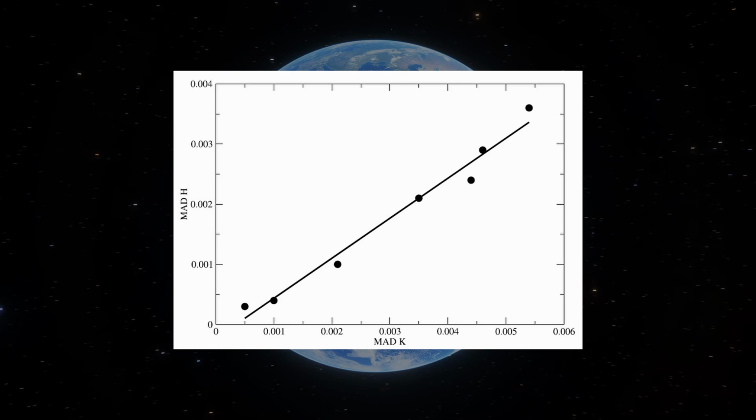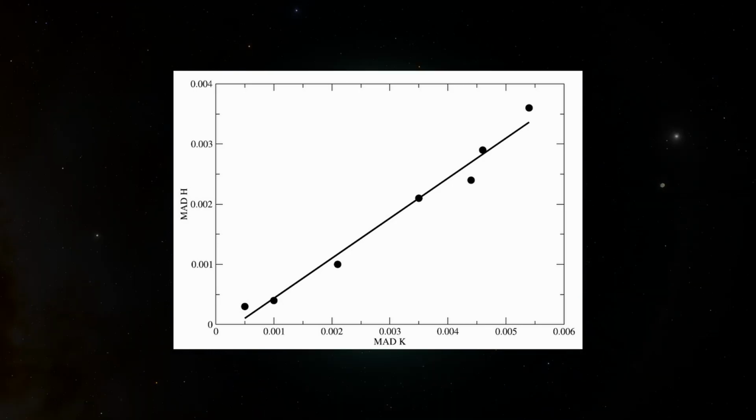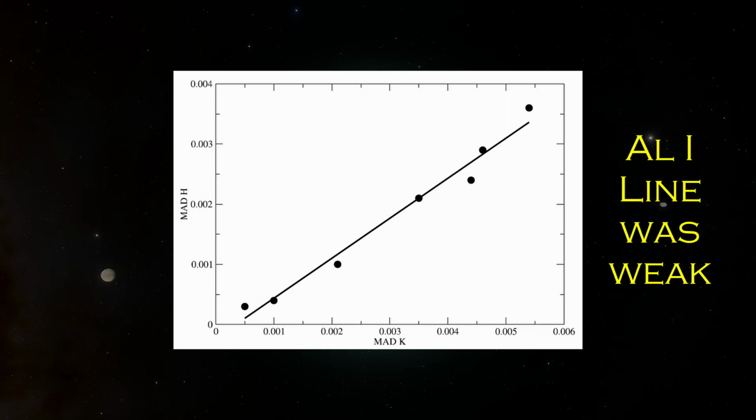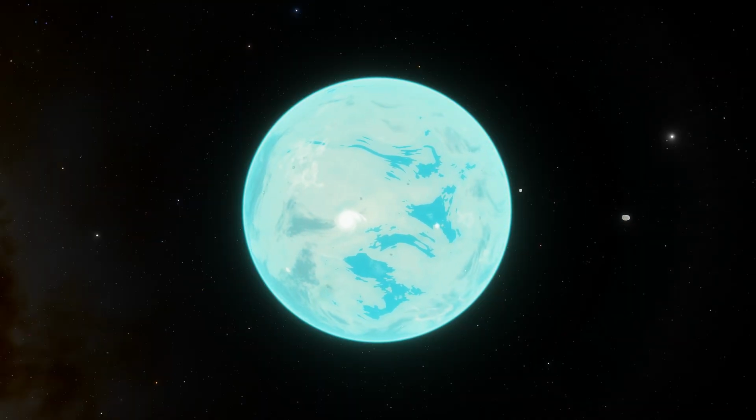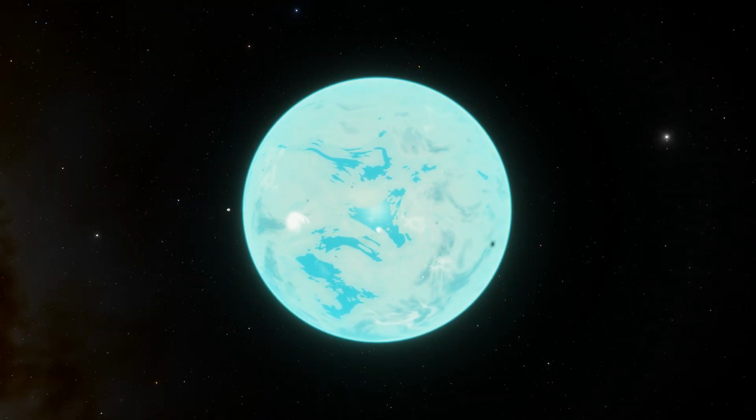Now one question that can arise is how do we know whether this activity is not due to stellar surface activities? Well, the authors observed that the MAD value for another strong line, the aluminum-I line, was very low, further strengthening the reasoning that the observed activities were due to magnetic interactions between the planet and its host star. This entire analysis was the first indirect glimpse of a magnetosphere of an exoplanet.